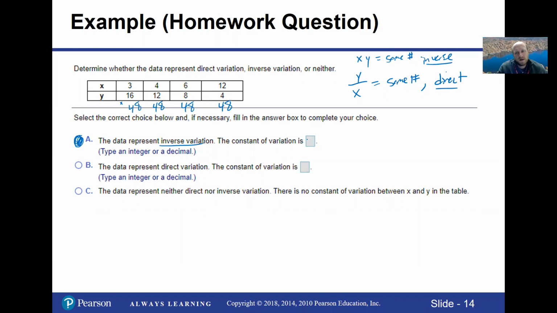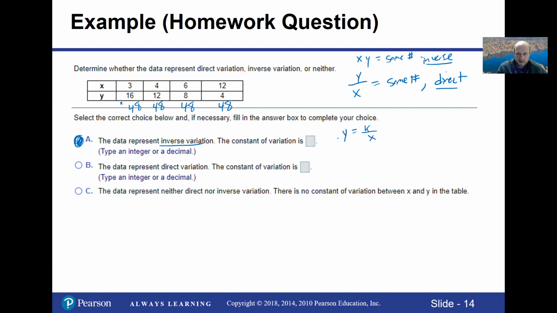What is your constant of variation if it's an inverse variation problem? Well, again, inverse variation, the equation was y equals k over x, right? All we need there is one of the y values and one of the x values.